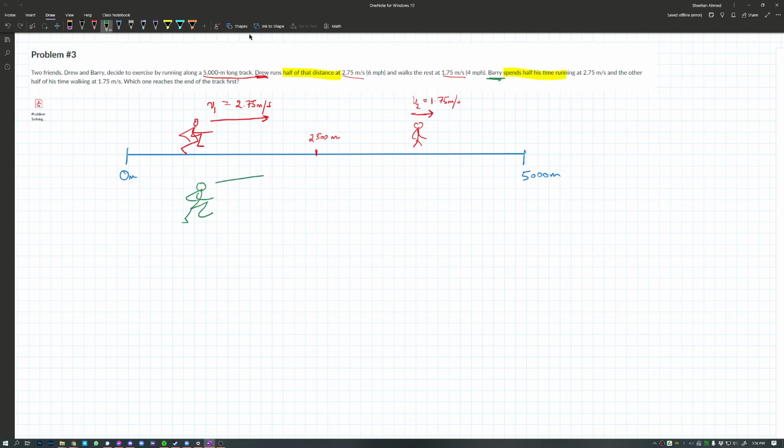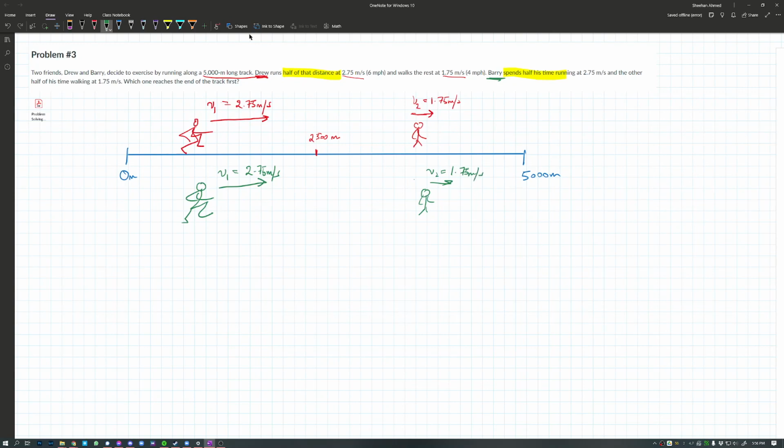Yeah, Barry's running, and again, at a larger velocity of, well, we could just call this v1 because it's the same value, 2.75 meters per second. And for the second half in terms of time, Barry's just walking. Let's do v2 equals 1.75 meters per second.